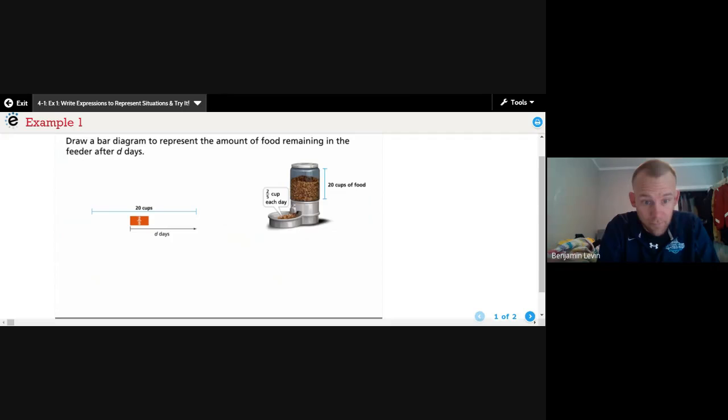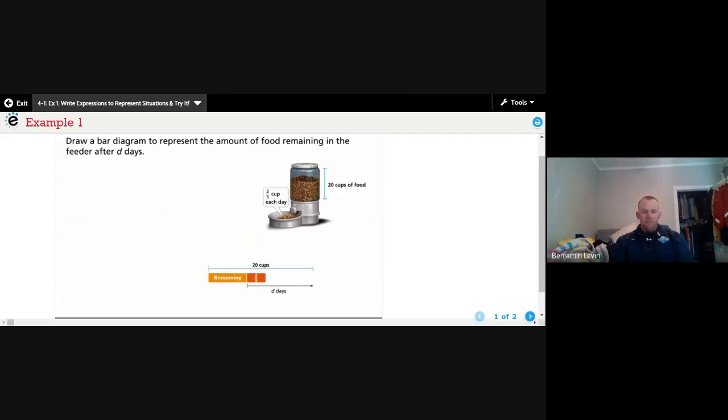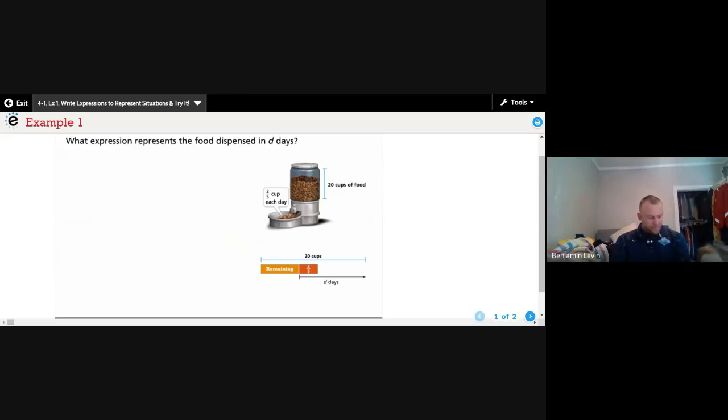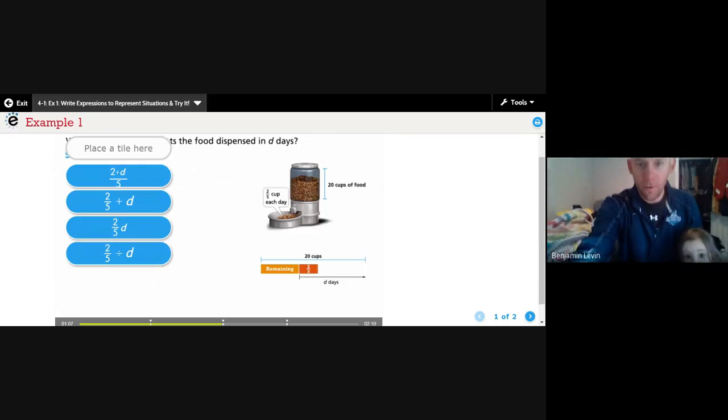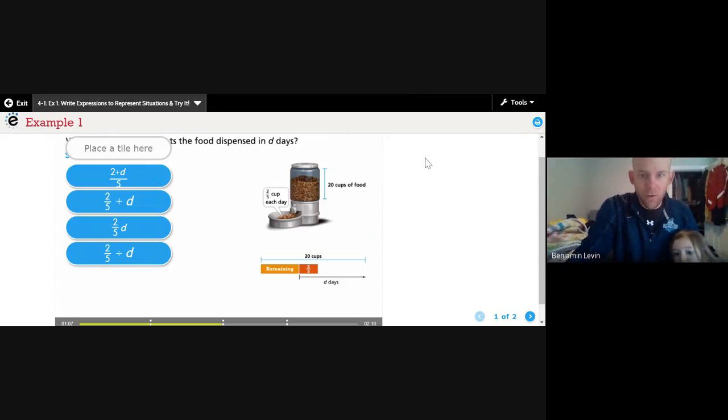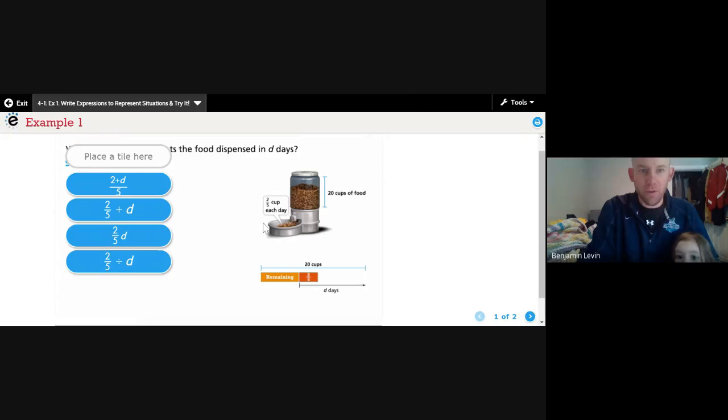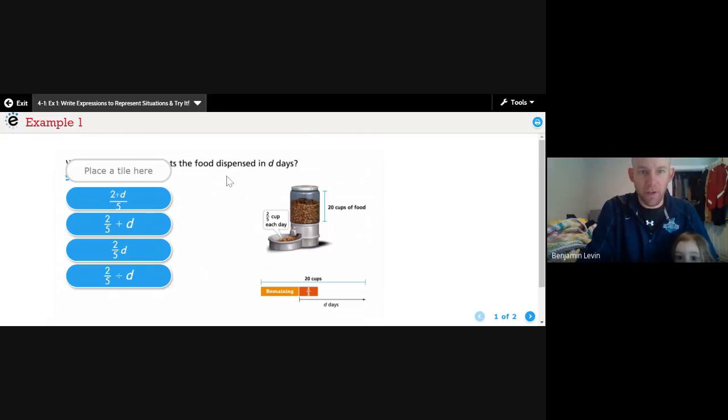But there's also a segment of the bar that represents the remaining food in the feeder. What expression represents the food dispensed in D days? Select your answer. All right, so we're setting up this bar diagram, we're setting up this equation, and it wants us to pick what represents the food dispensed in D days.